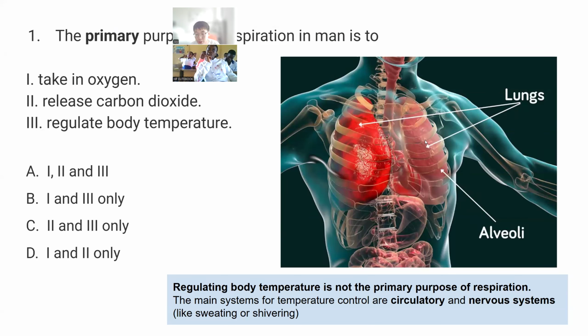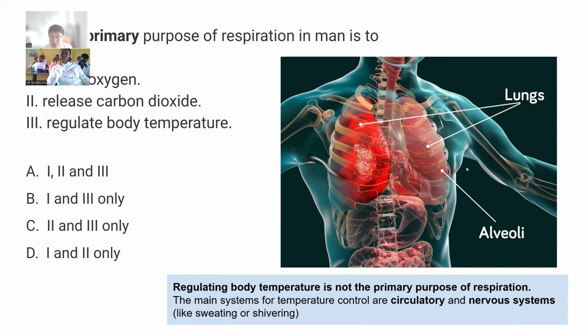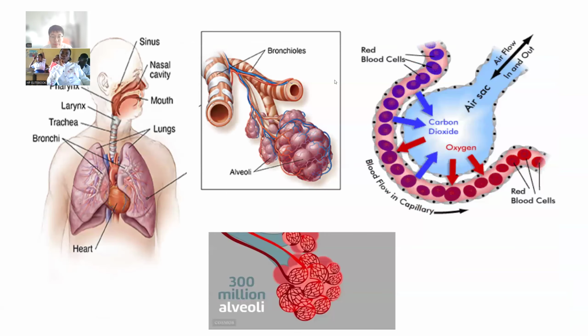So first we talked about the respiratory system, which had lungs, trachea, nasal cavity and the mouth, and also the larynx, which is the voice box.